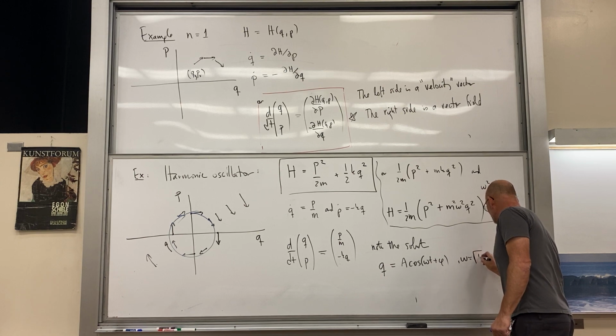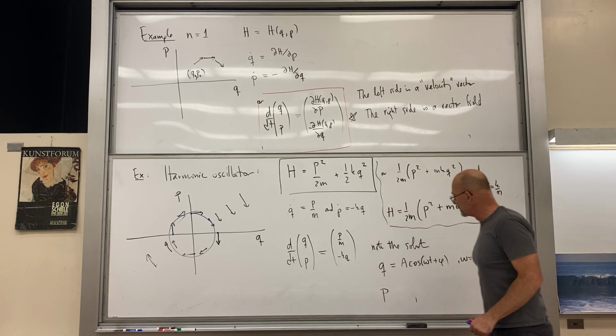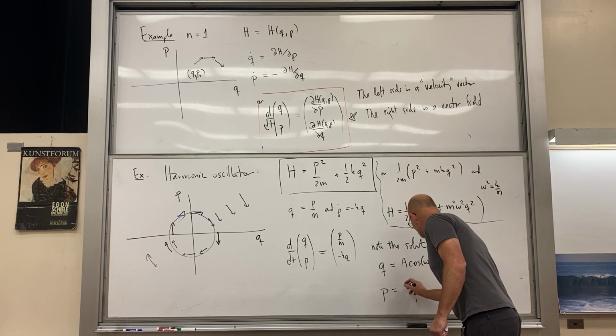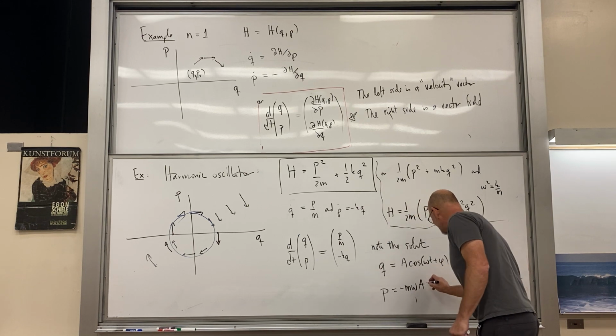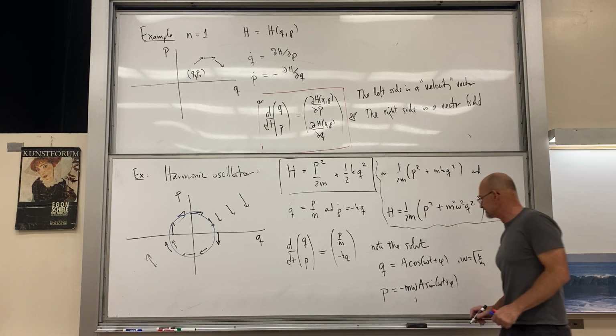Omega is root k over m. And P is m q dot, so it's m omega, in this case minus m omega A sin(omega t plus phi).